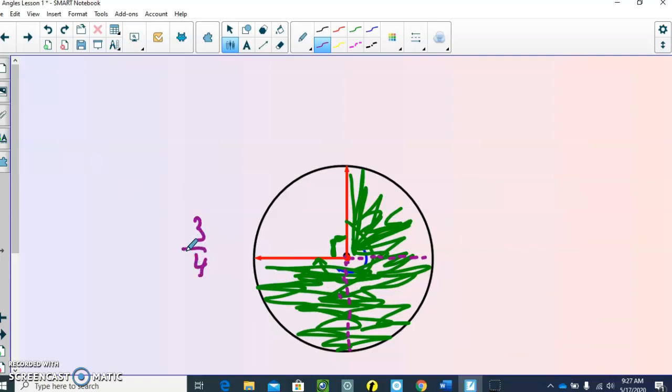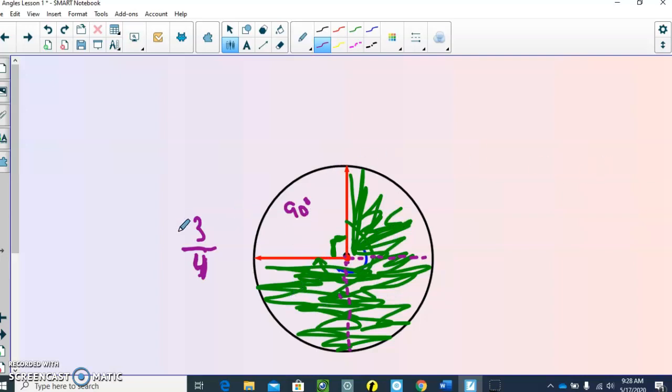Okay. And so if we remember the fourths, we actually can see that here, right? So we've got a 90-degree right angle here, but I want to know how much is in all this area here. And I can do that pretty easily. If I know that this is 90 degrees, then I know that each of these other fourth pieces are also 90 degrees.